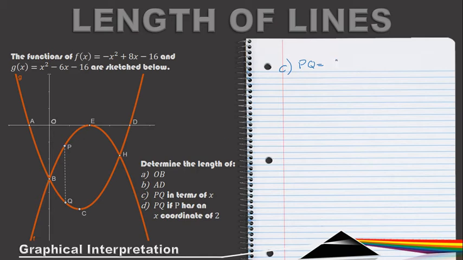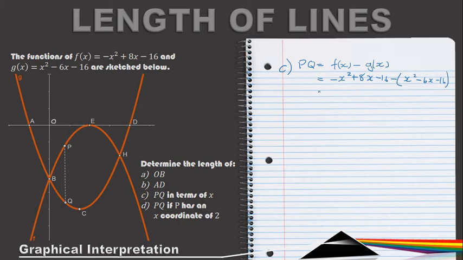So that's going to be f(x) minus g(x). To substitute those functions in, here we have -x squared plus 8x minus 16, subtract the bottom graph, that's x squared minus 6x minus 16.